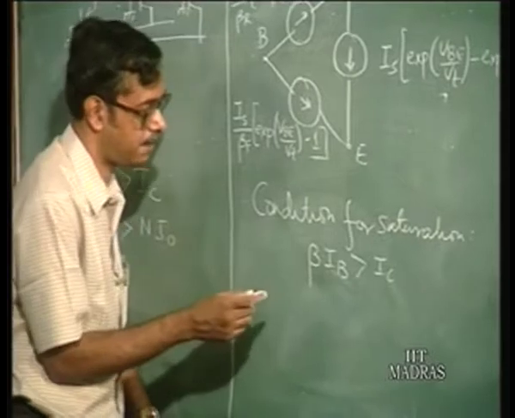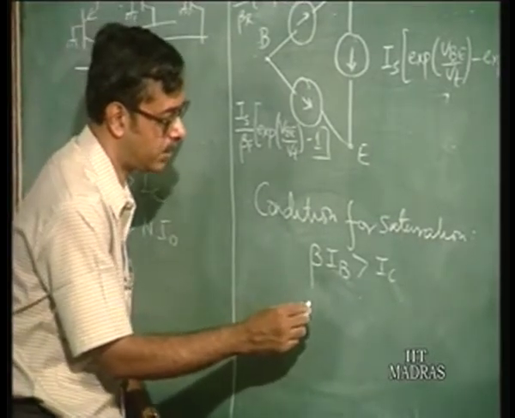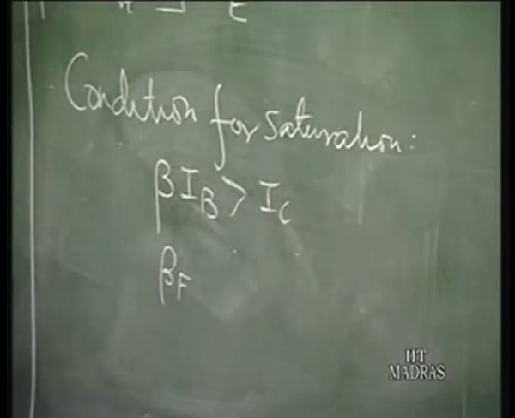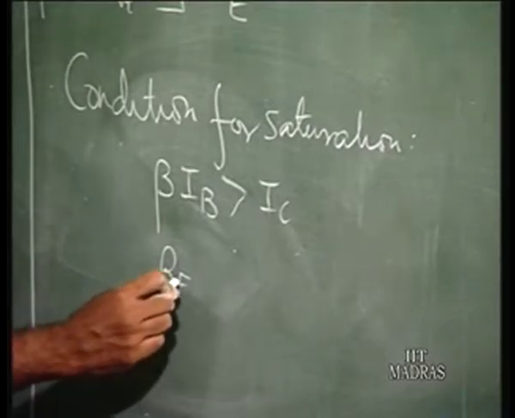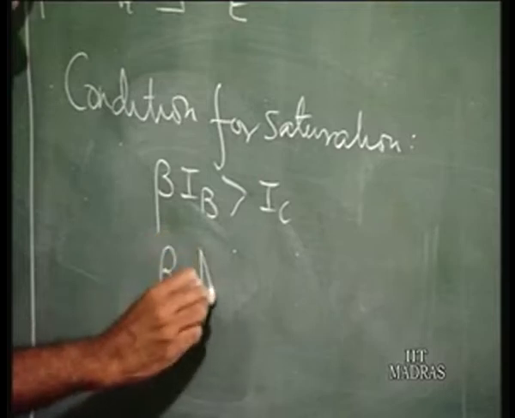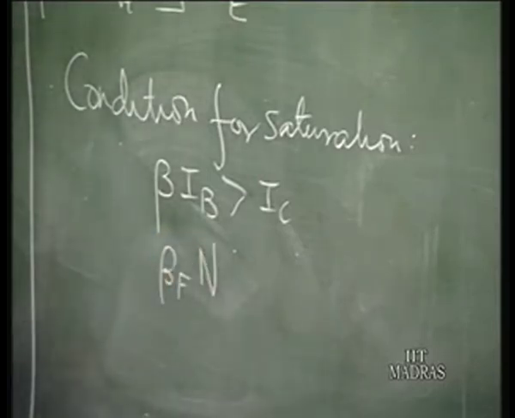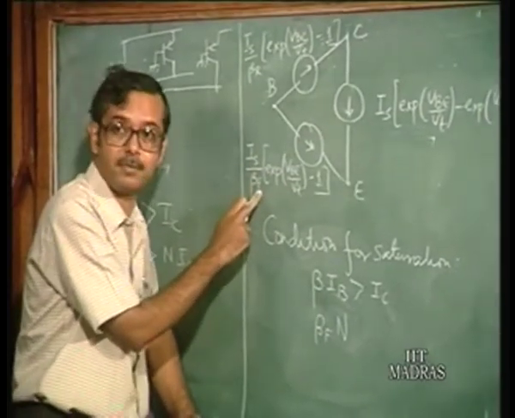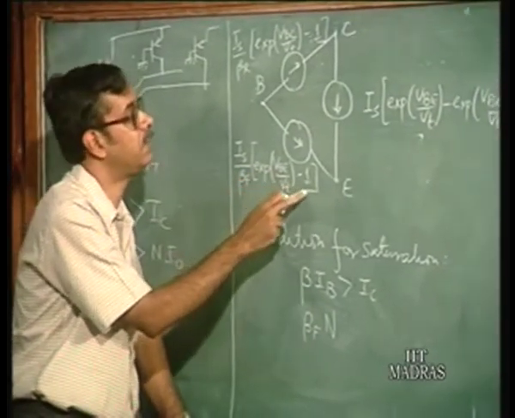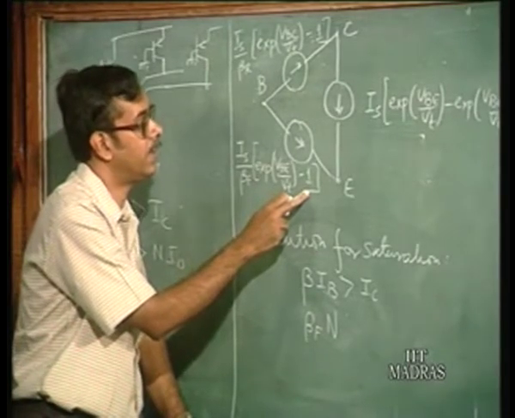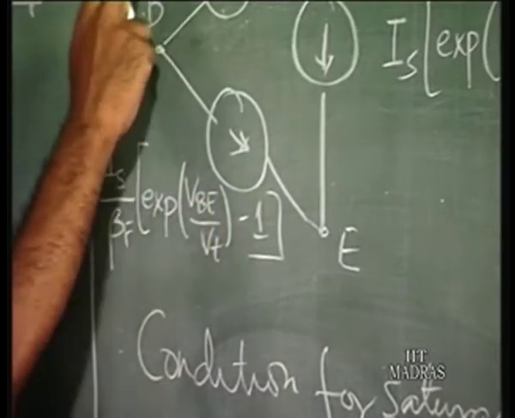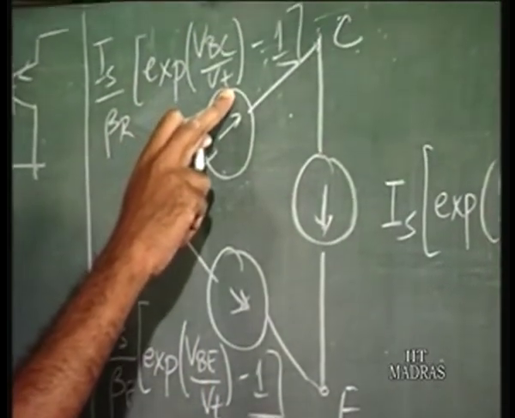For these transistors, what you have is beta f. So, what is IB equal to? There are n transistors, n times this. IB is given by Is by beta f times exponential Vbe by Vt minus 1, and of course you have another term with Vbc by Vt.